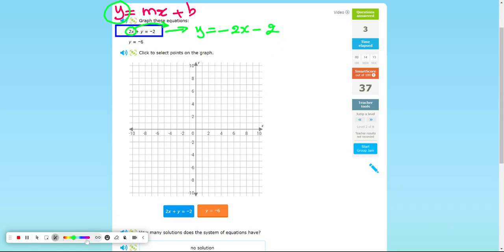Here is your slope m, negative 2, which is negative 2 over 1. How do you graph this? Down 2 and then right 1. And this is your b right there, so b equals negative 2. Let's graph this: b at negative 2 and then down 2, right 1.